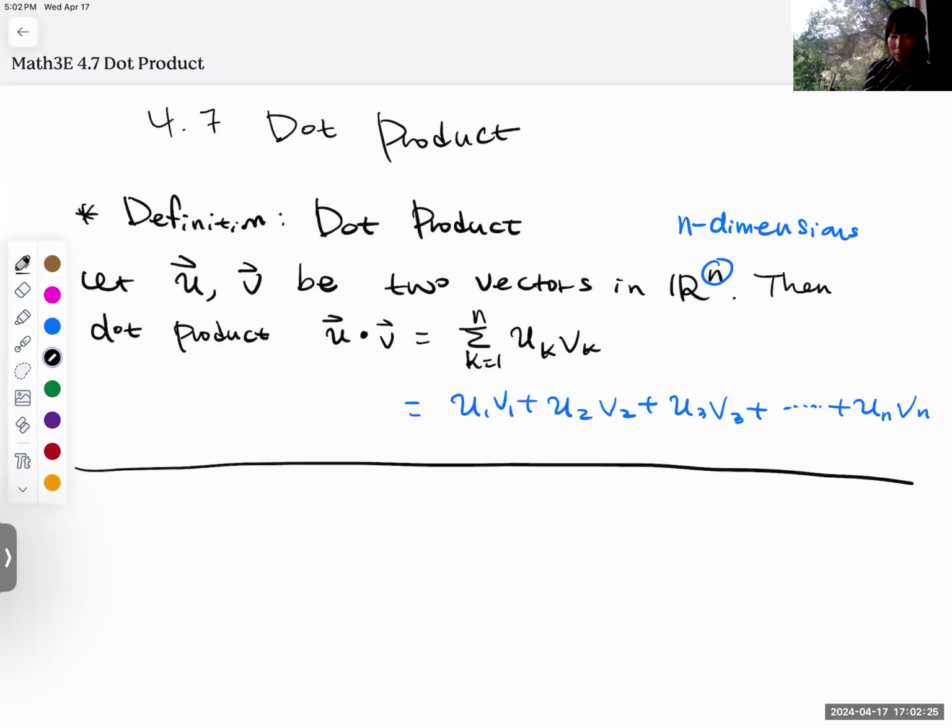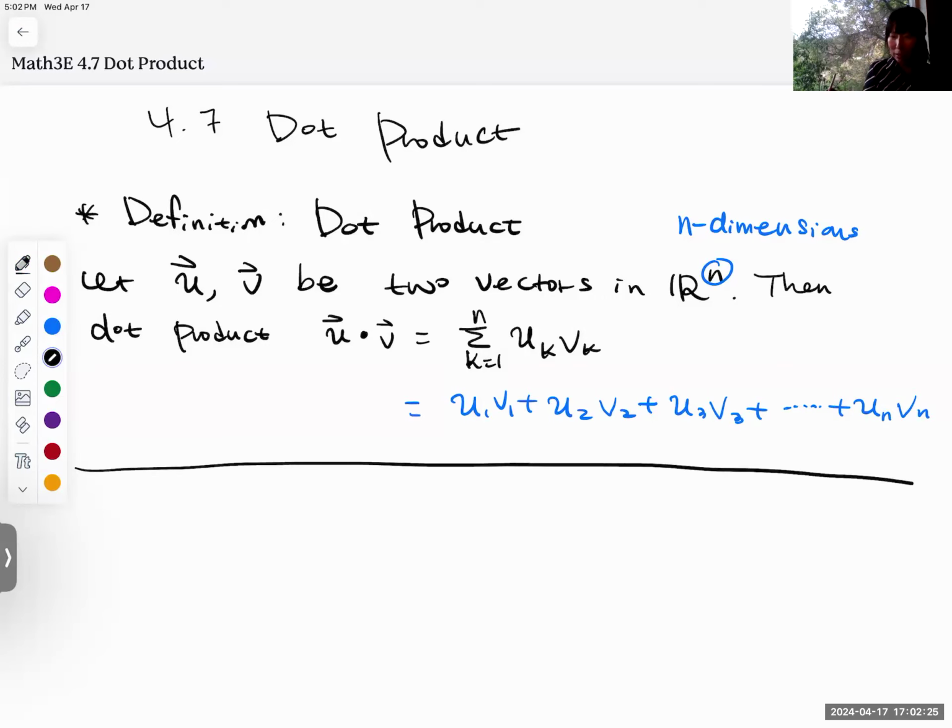So that will be 1 times 0 plus, we add them because we are following this formula, right? And 2 times 1 plus 0 times 2 plus -1 times 3, right? Can you please calculate this one? Thank you, -1. All right.